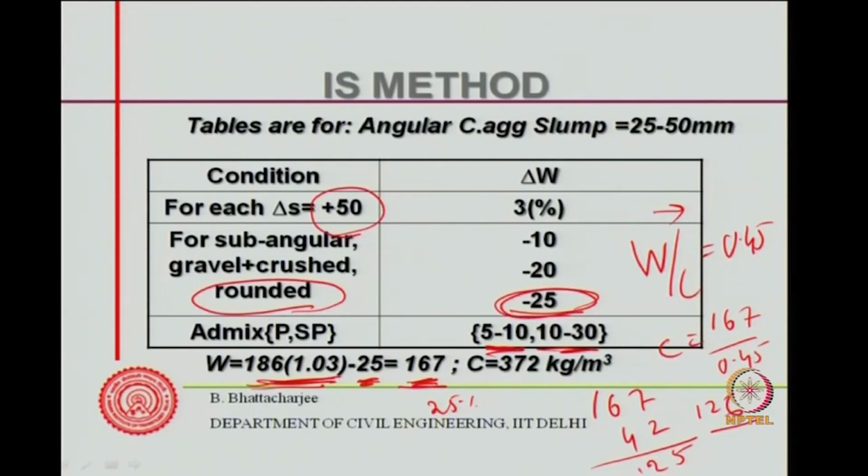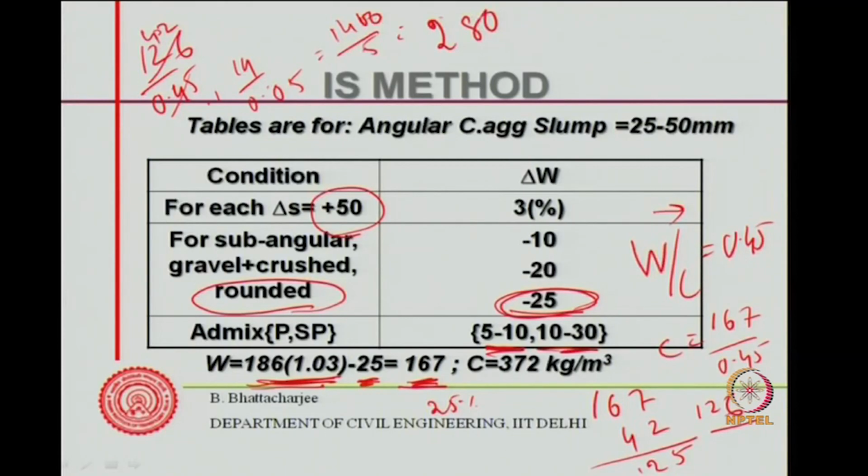The cement also therefore will become 126 divided by 0.45, which works out to about 280 kg.